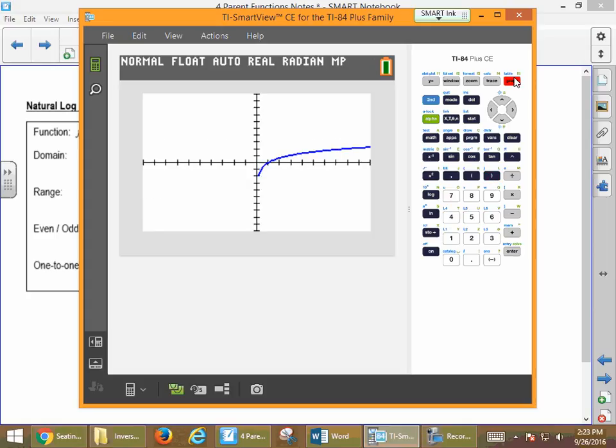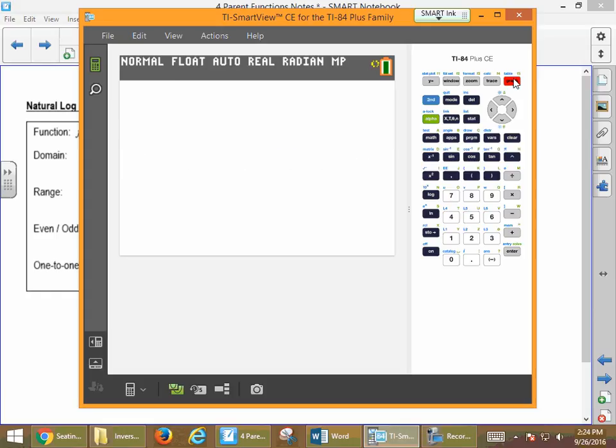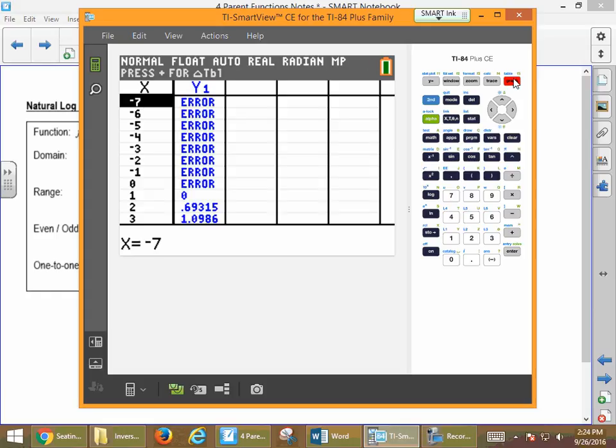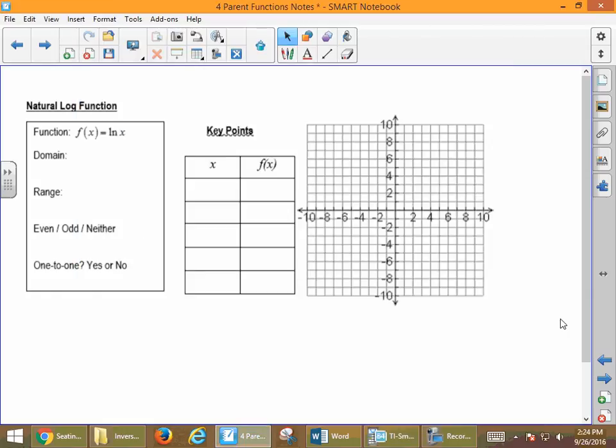So it's similar to what we were just looking at. And if we go to our table here, got lots of errors there, but let's get a couple of values down here that might be a little bit better. So we have 1, 0, and 2 and 0.69.